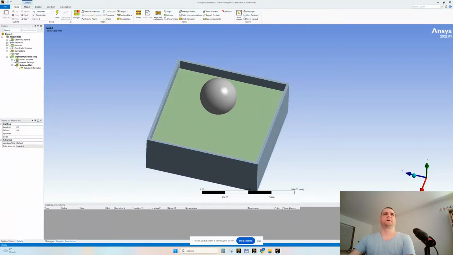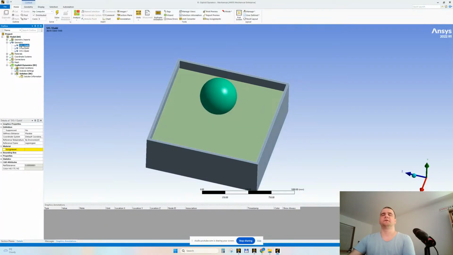Now we're going to apply, firstly, rename F2: ball, F2: tank, F2: water. The ball, I said, it's made of aluminum.